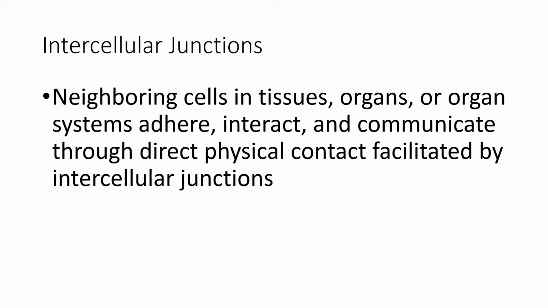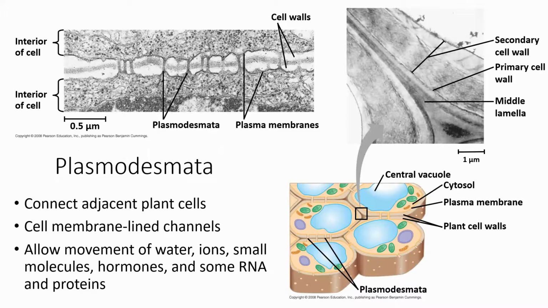Cells can also have these structures connecting them called intercellular junctions. This can help them stick to each other, or it can, in some cases, even form tunnels in between cells. So, a common one in plant cells are plasmodesmata. Plasmodesmata are these little channels that basically make the cytoplasm of cells that are adjacent, or right next to each other, continuous.